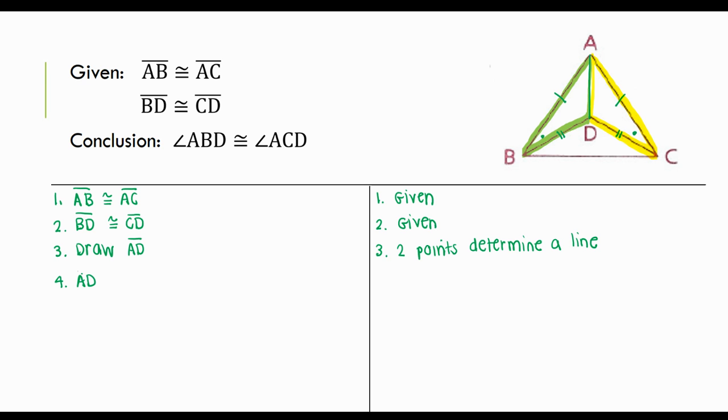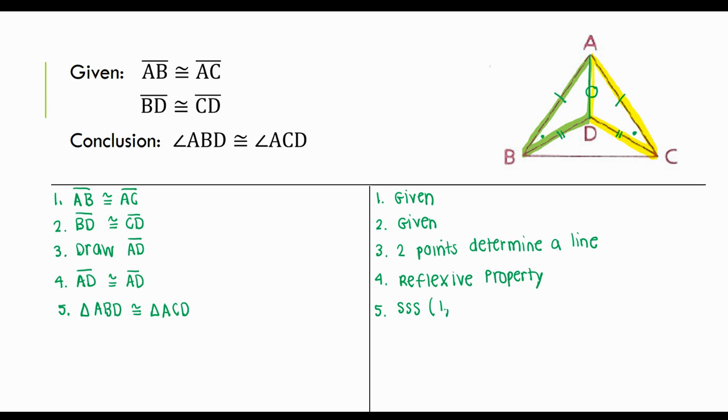So I can say that the segment AD is congruent to itself. And it's congruent to itself because of the reflexive property. All right, now I do have 3 things marked in my picture, so I have enough to prove that the triangle ABD is congruent to the triangle ACD. And the markings are because of side, side, side.